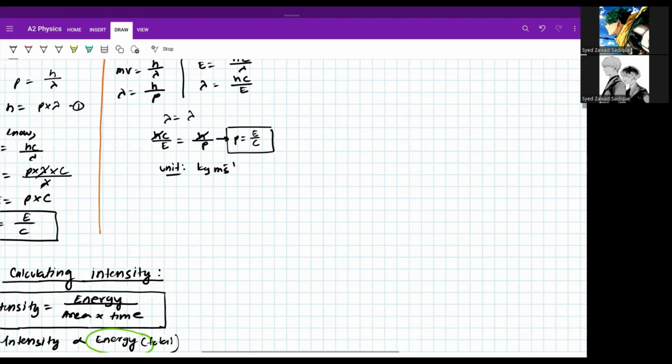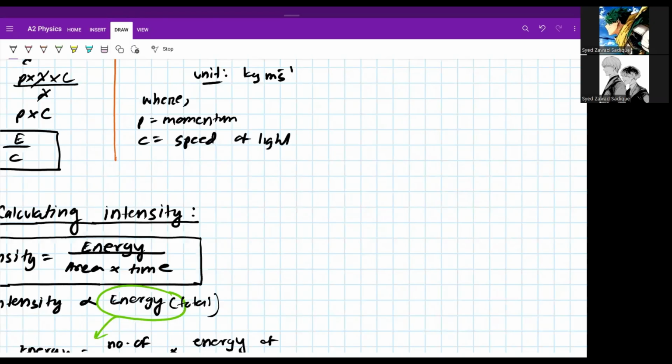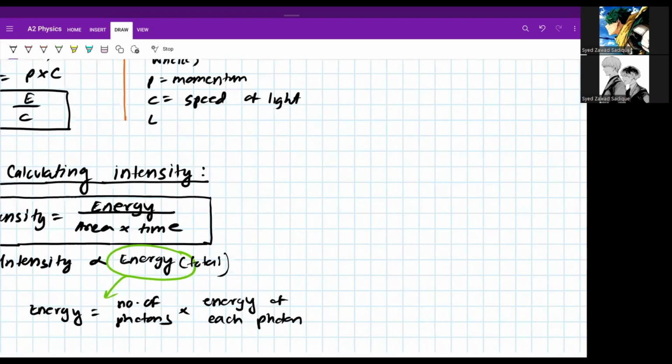I think I should have mentioned a few things. P is momentum, C is the speed of light, E is the energy of a photon.